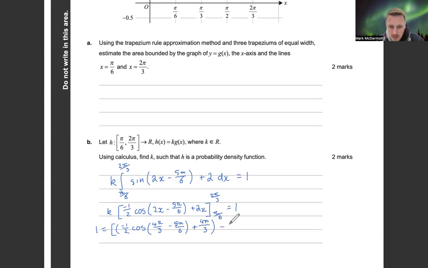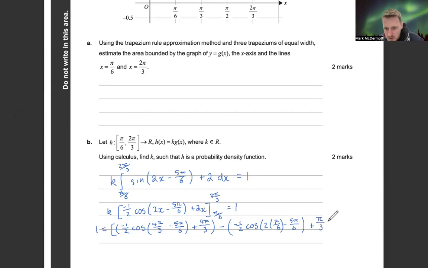Minus the second part, which is negative a half cosine of 2 times pi on 6 minus 5 pi on 6, plus 2 times pi on 6, which is pi on 3.